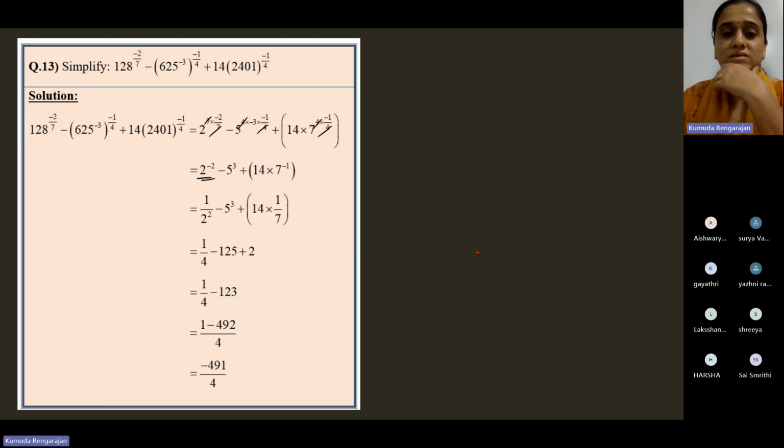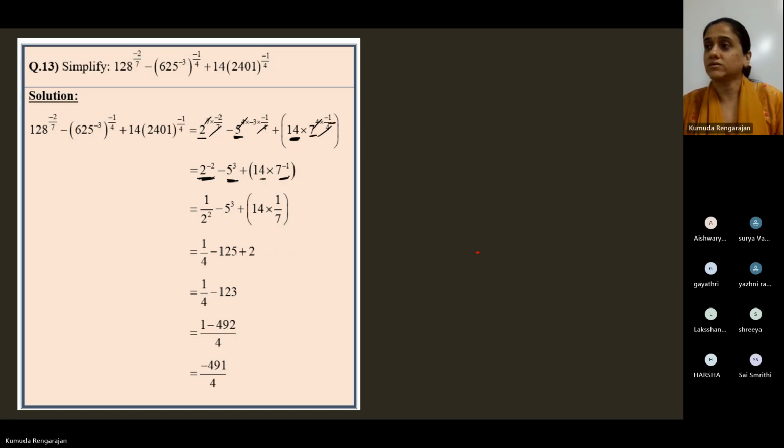So then after that, we have 2 to the power minus 2, 5 raised to the power minus 3 into minus 1, so it's plus 3, 5 to the power 3. And here 14 into 7 to the power minus 1. 2 to the power minus 2 is 1 by 2 squared, minus 5 cube, plus 14 into 7 to the power minus 1 is 1 by 7 times 14, which is 2.